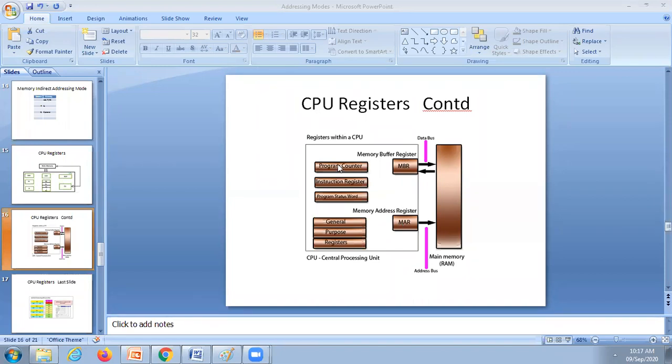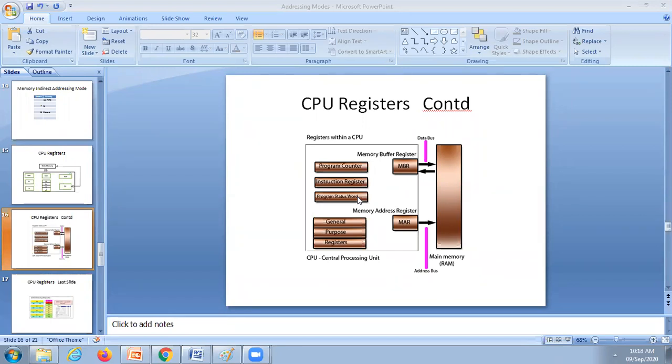Here, this is the program counter. This is the instruction register. This is the program status word. This is one more register. All the CPUs will have the program status word, or program status register.